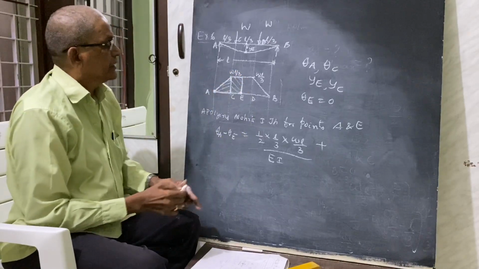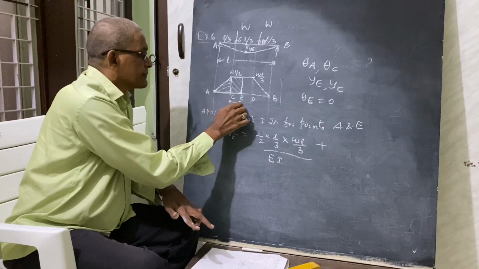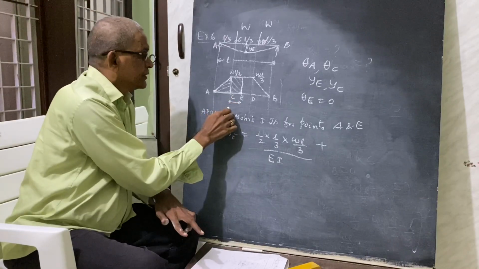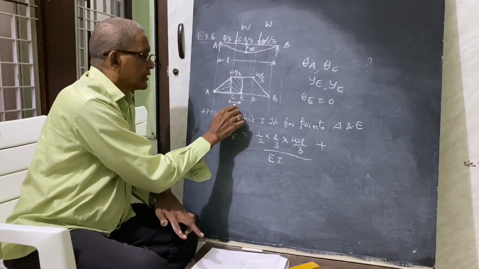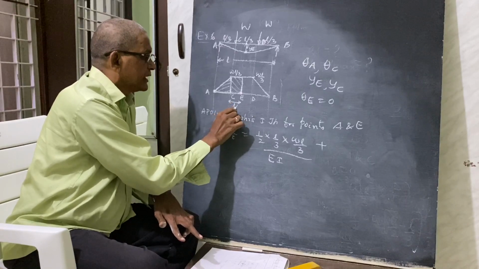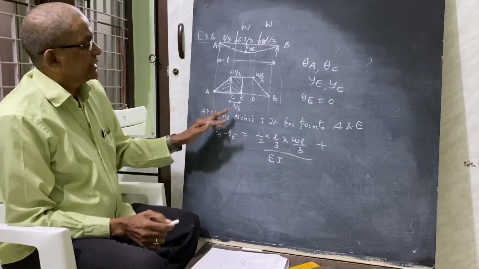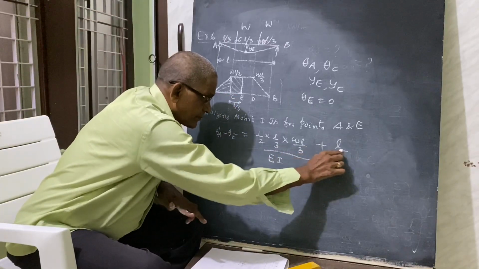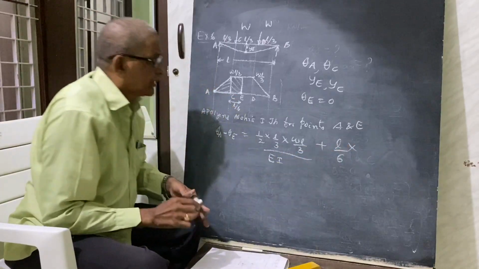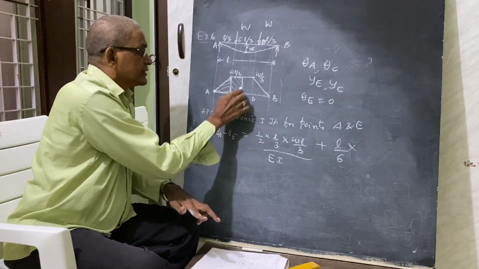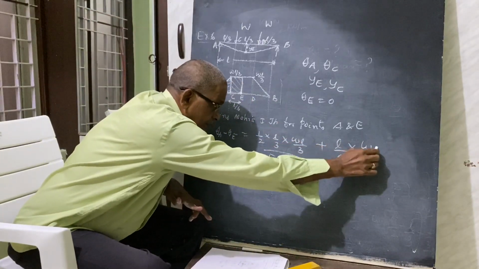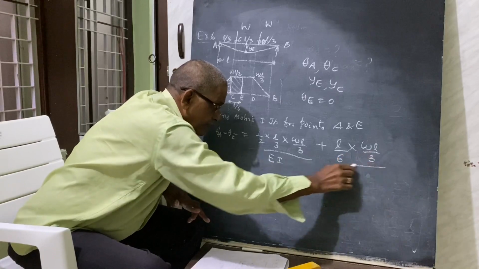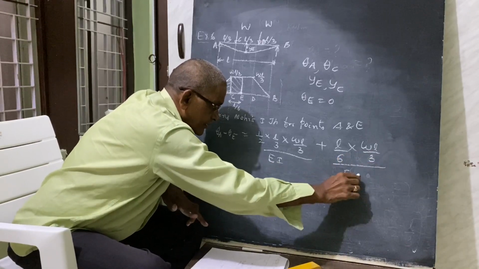What is this distance? See, from here to here is L by 3, so half of that will be L by 6. So the area of the rectangle is length L by 6 into height WL by 3 by EI.